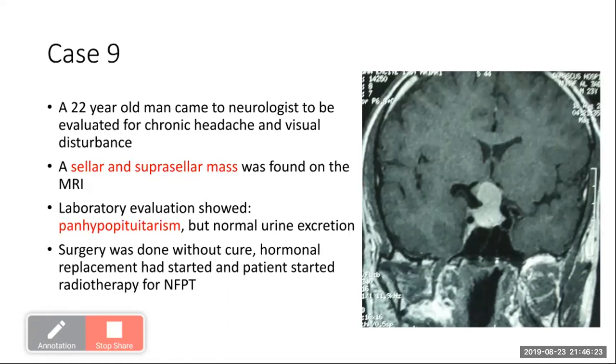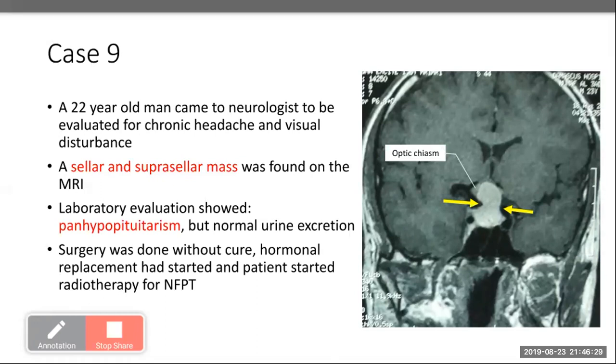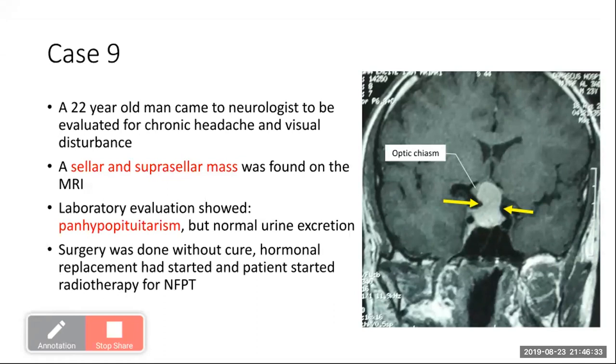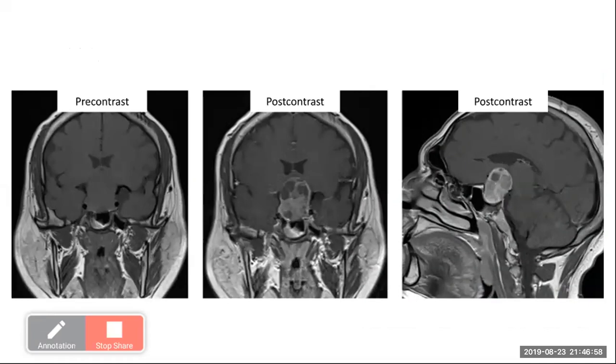There is an important point here: we see this constriction within the yellow arrows, which means the tumor originated from the sella and is restricted within the diaphragma sellae. A non-functioning pituitary adenoma originated from the sella and expanded suprasellar, and there are cystic changes.